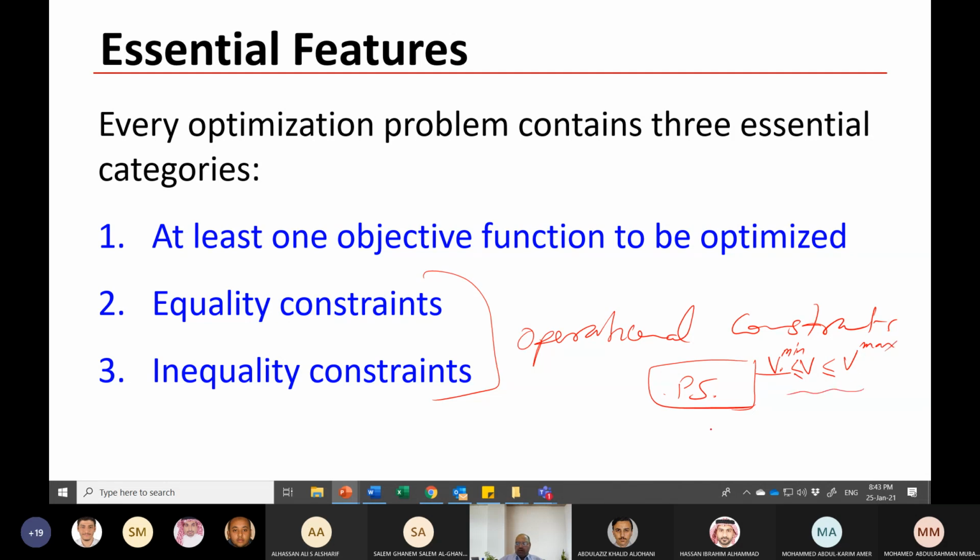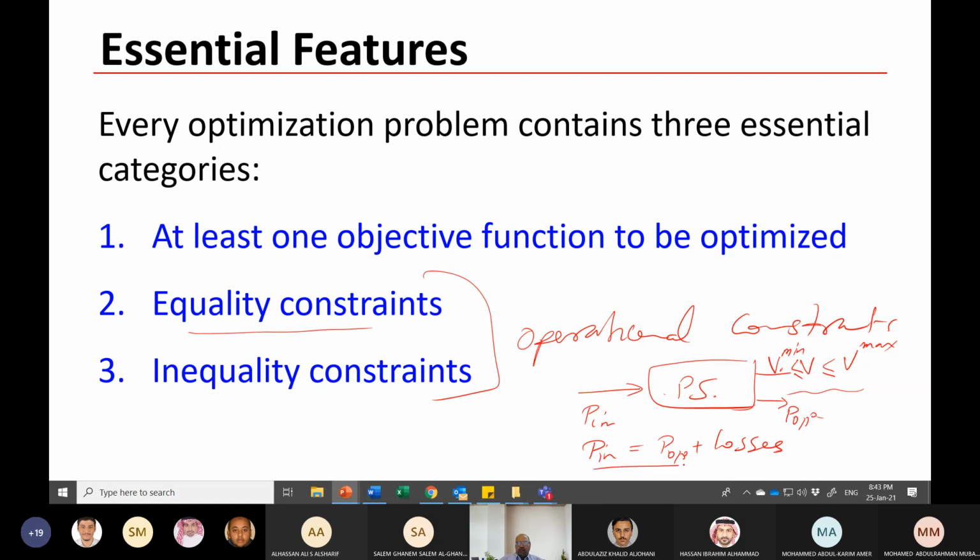So these are inequality constraints that must be satisfied. And also equality constraints, let us say, the input power equals the output power plus losses.